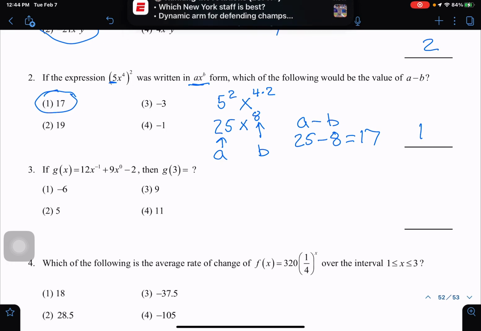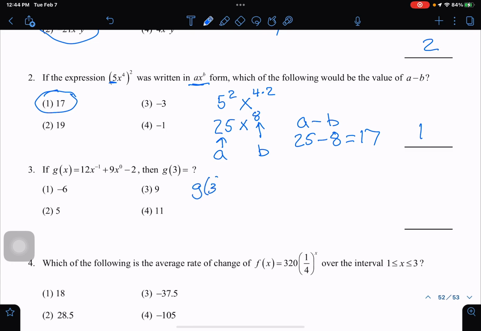All right, now we're going to plug in. So this number 3 is basically testing your knowledge if you know about negative and zero exponents. So g of 3, we're going to put in a 3 wherever we see an x, is equal to 12 times 3 to the negative 1 power plus 9 times 3 to the 0 power minus 2. Now this negative exponent means that it's 1 over, right?